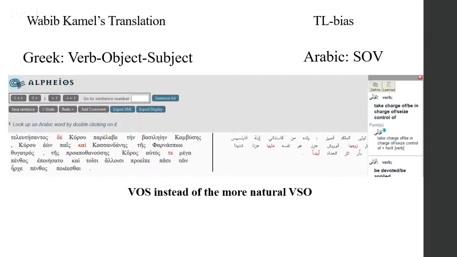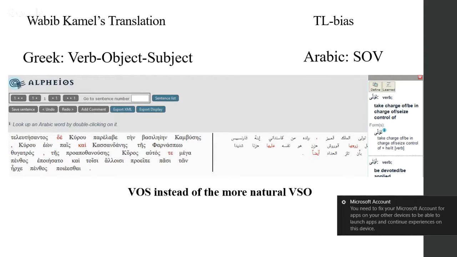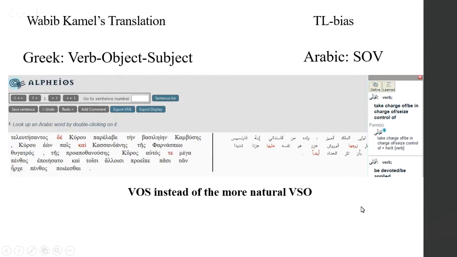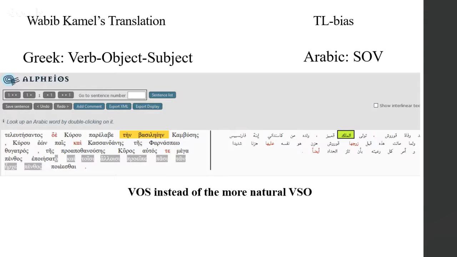If you don't know what Tawalla is, you could again do it using the Alpheios reading tools and see that Tawalla is a verb, and you could see the translation of this. And then you know the form of it. It's a verb with he, tawalla.